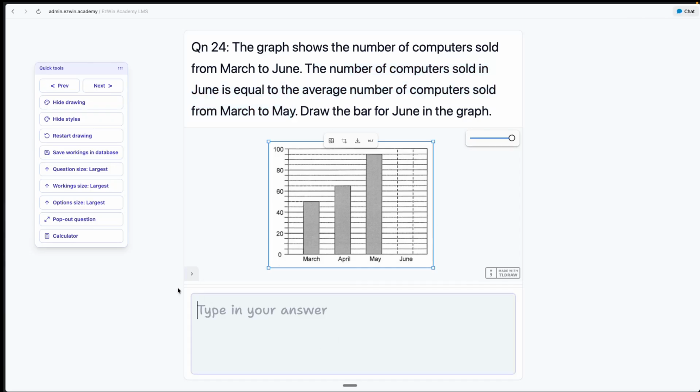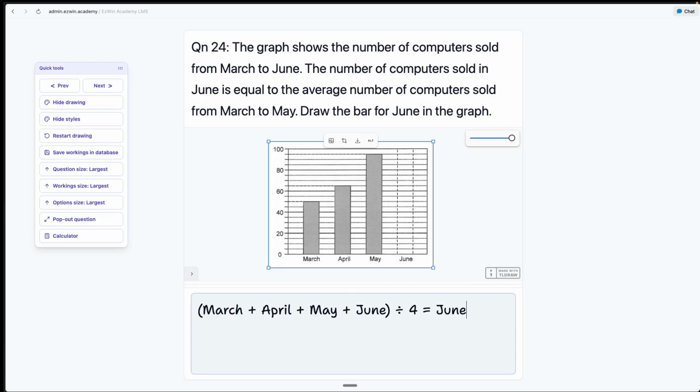Okay, so what we need to do is just write down. Okay, so average in essence is March plus April plus May plus June, and then bracket divided by 4 is equal to June.